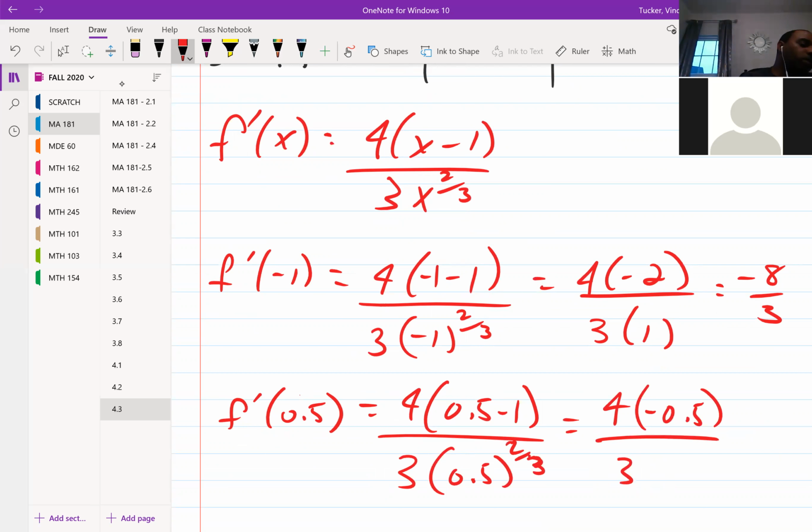All right, 0.5 to the 2/3. I'll just write the decimal.